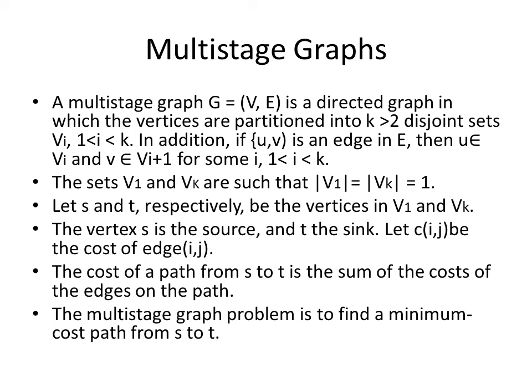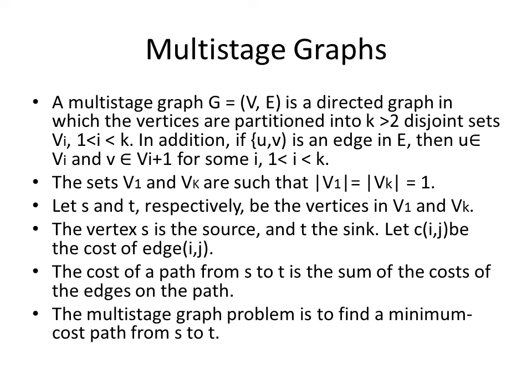If an edge is constructed using two vertices, for example u and v, then u belongs to Vi and v belongs to Vi+1. That is, if i is the current stage, then vertex u is in the current stage and vertex v will be in the next stage.